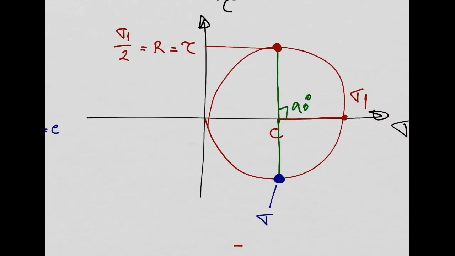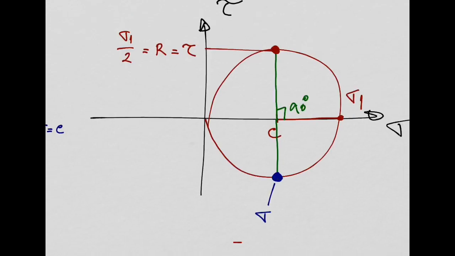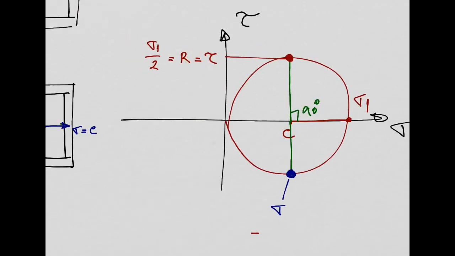Sigma 1 is the diameter of this circle. If I divide by 2, I get the radius. So look at this. This is the radius of the circle, isn't it? So this shear stress is going to be equal to the radius, equal to sigma 1 over 2, equal to the center, if you want, of the circle.